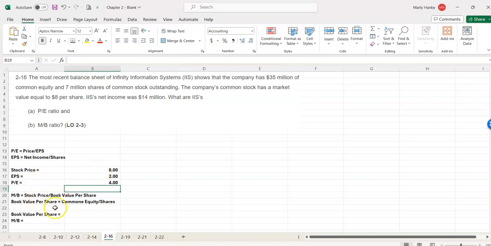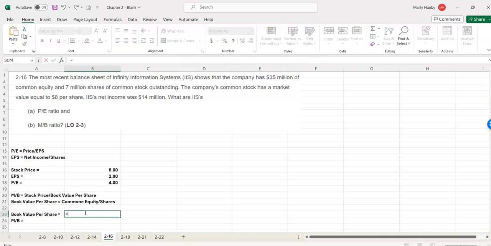So the market to book is the stock price divided by the book value per share. The book value per share is common equity divided by shares. So the common equity is the book value.